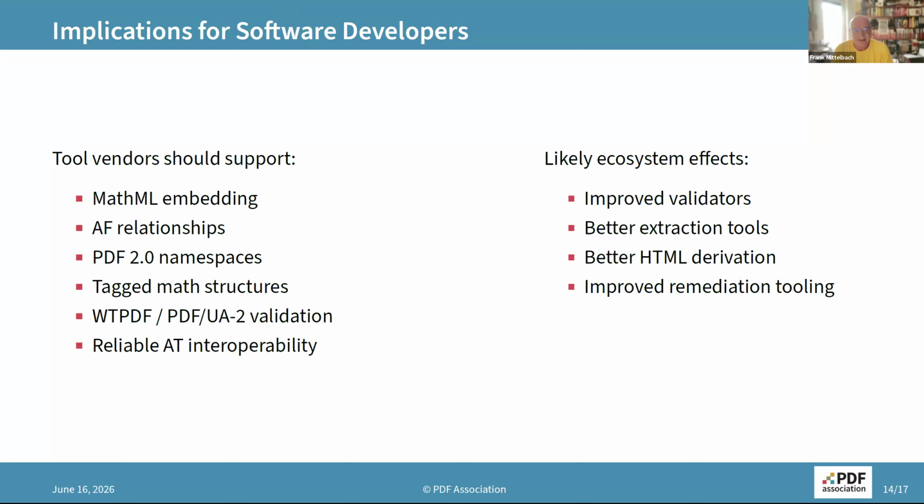The second group is the producers of PDF viewers. There we have, of course, the need to understand PDF UA2 structures and pass them on to the AT. That's something which, in the case of, for example, the browsers, until recently has not happened at all.